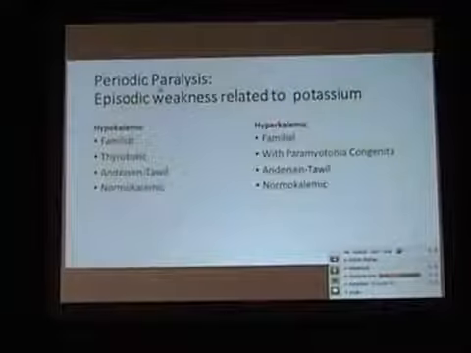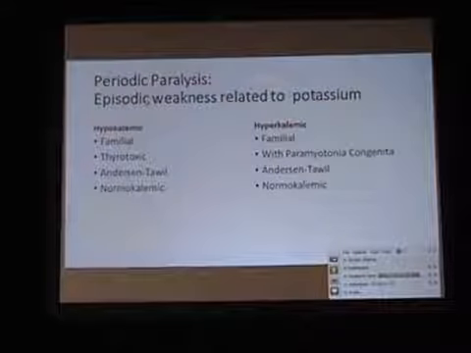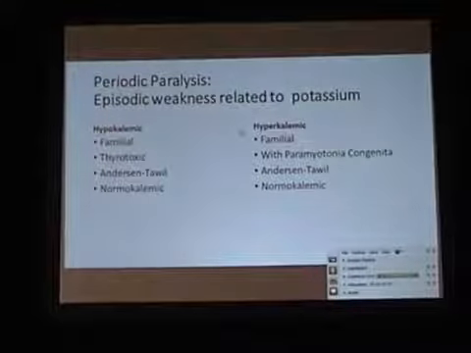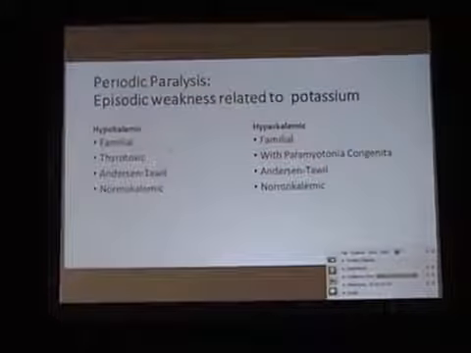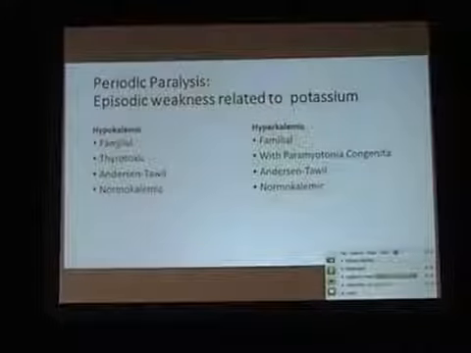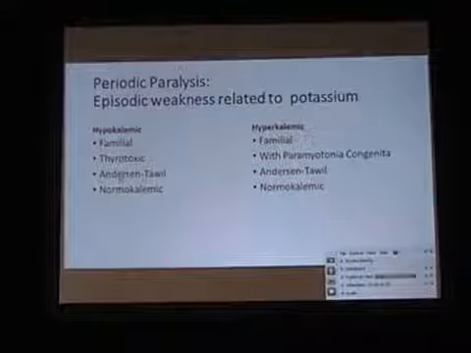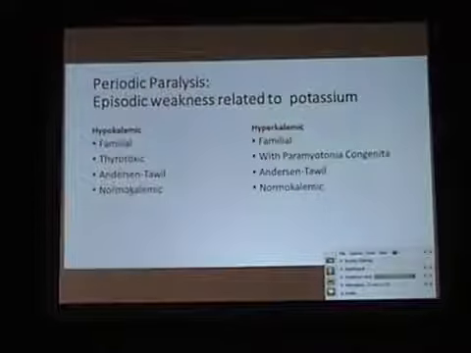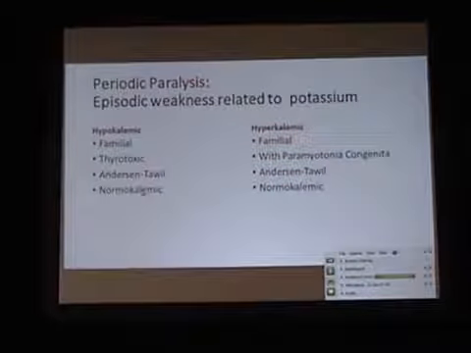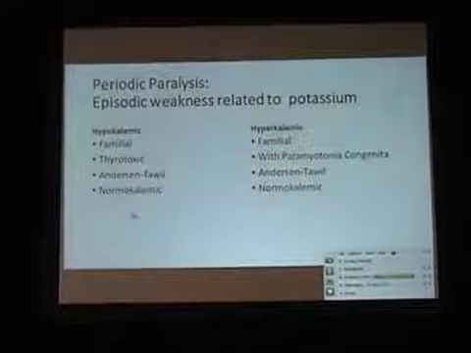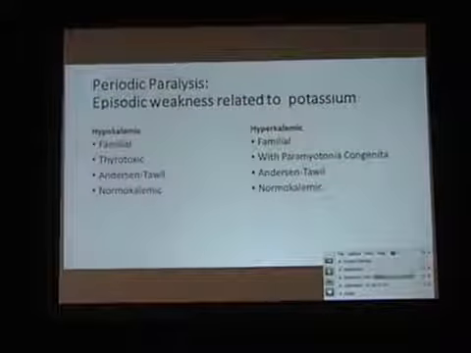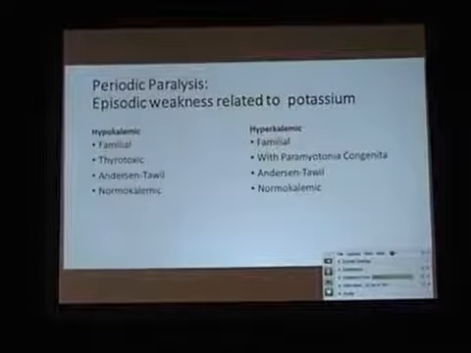And if it's not periodic paralysis, then what is it? So, the types of periodic paralysis that have episodic weakness related to potassium are functionally a list of all of them. There's familial hypokalemic, thyrotoxic, Anderson-Tawil, and normokalemic. Normokalemic is a little tricky because some people with a normal potassium level feel better if you give them potassium, and some people with a normal potassium level get worse.